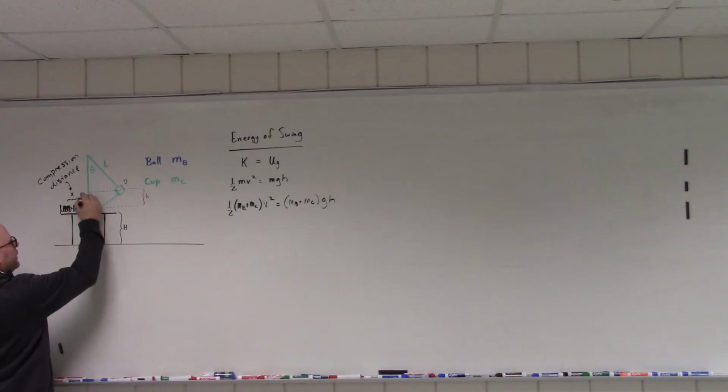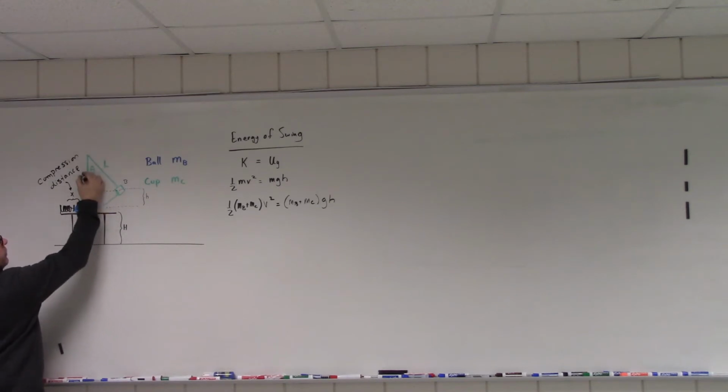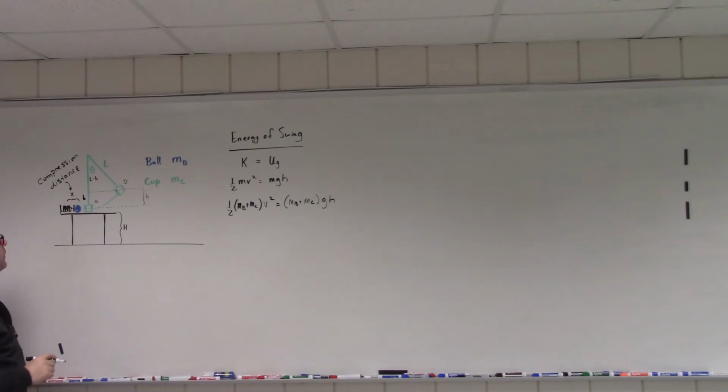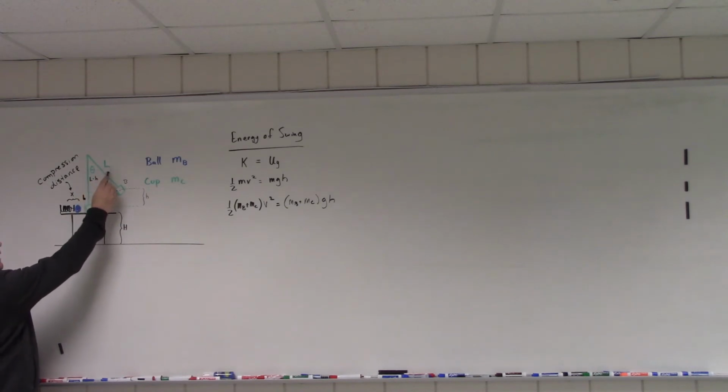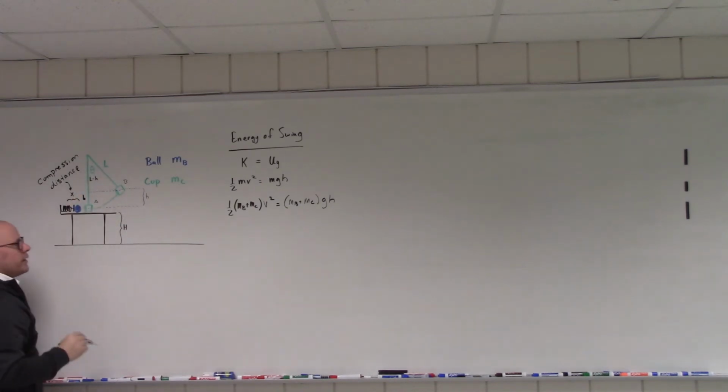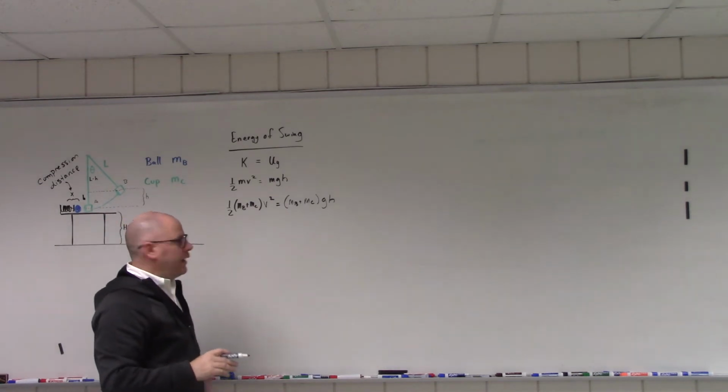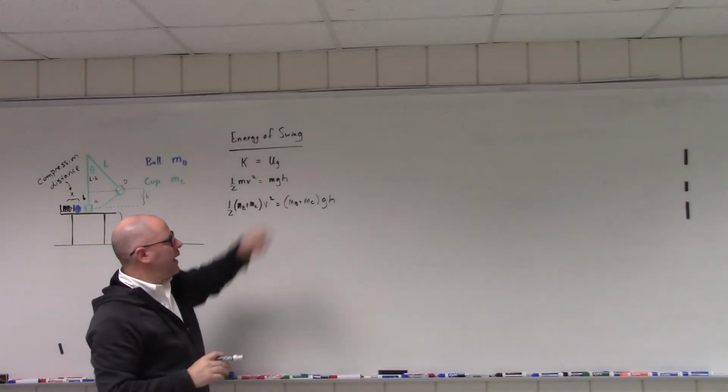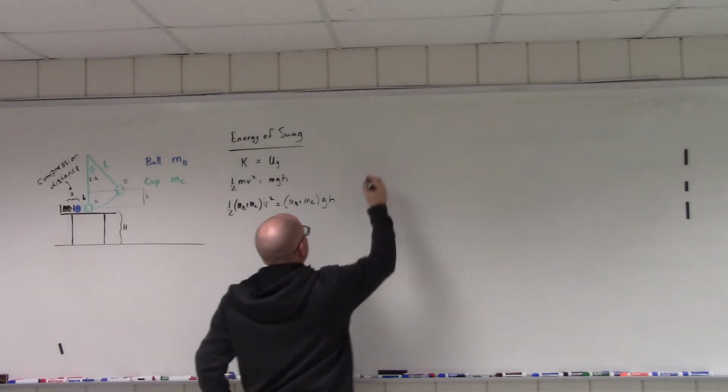So this distance here, this h, is also this h here, which makes this section L minus h. So if I look at this angle theta, that's the hypotenuse, this is the adjacent side. I can actually take a break from this for a second and we'll come back. Let's look at what the h looks like.